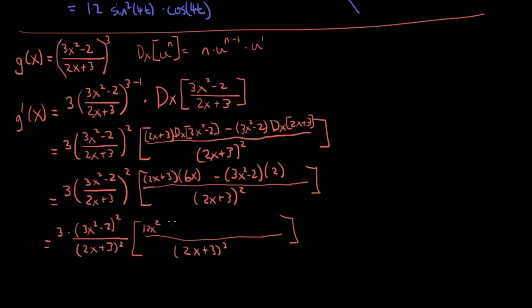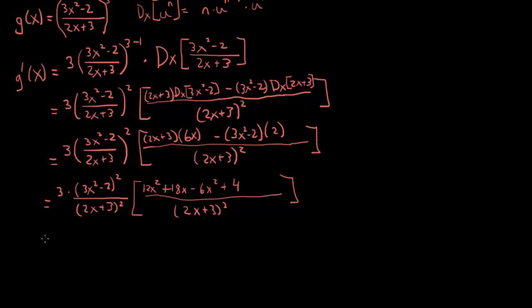We have 6x and 3, so that is 18x. We have 3x squared times 2, that's 6x squared, but then it's negative, so minus 6x squared. Then we have negative 2 times 2 is negative 4, but then it's negative again, so that's going to be positive 4. Okay, I told you this was going to be long.